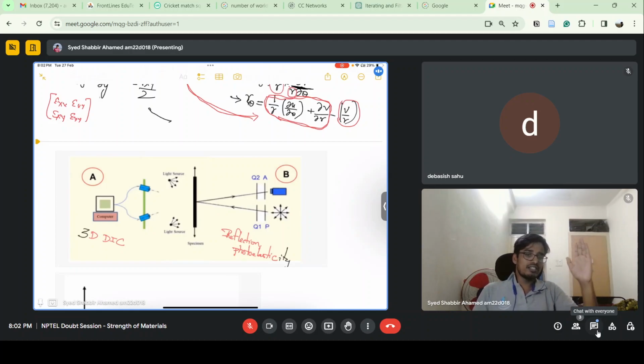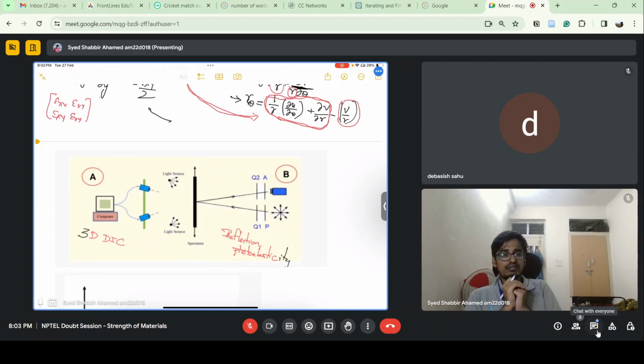The analyzer polarizes it again, and you get beautiful fringes of the stresses due to the applied load on the specimen. This is reflection photoelasticity. Because the element is opaque, we take the reflections instead of refractions. Whenever the element is transparent, we take the refractive photoelasticity. Here the reflection photoelasticity is used.